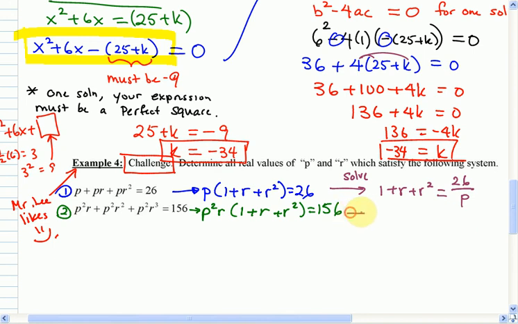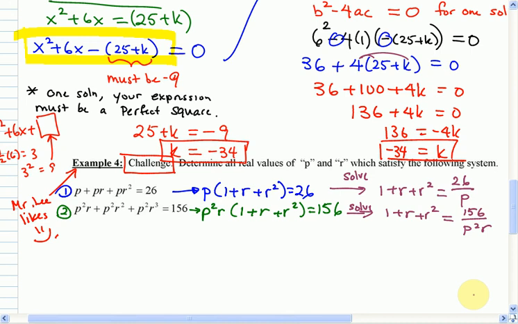If I solve for 1 plus r squared in the second equation, the right-hand side is 156 over p squared r. Now, why would I do that? Make them equal each other.